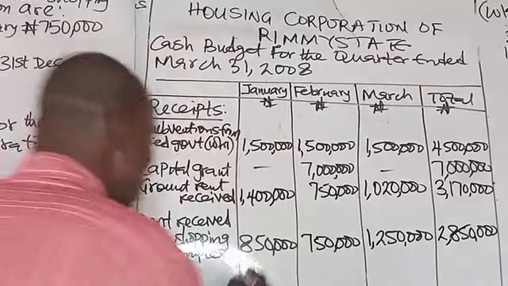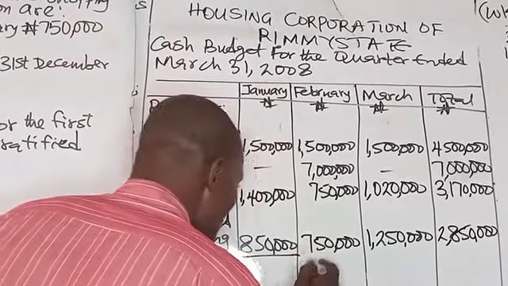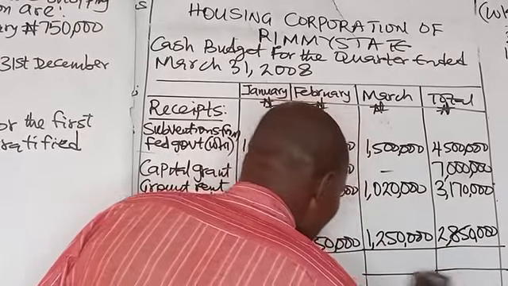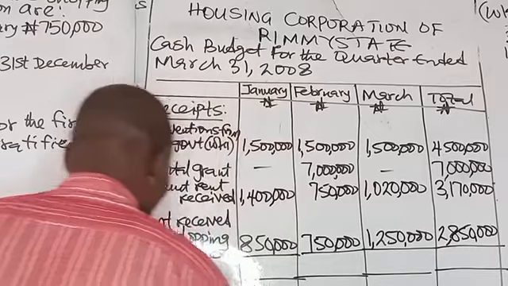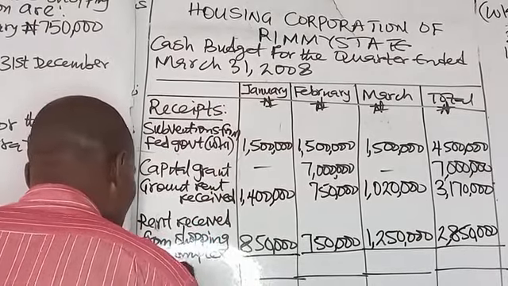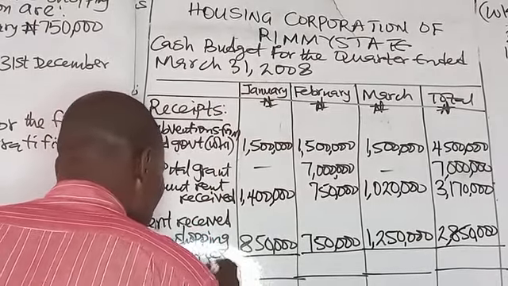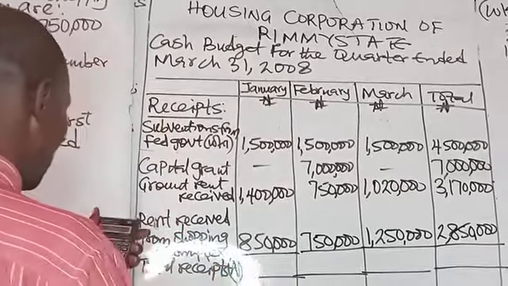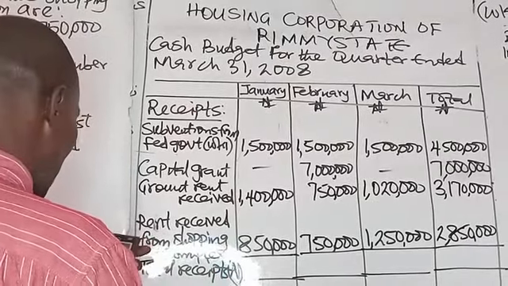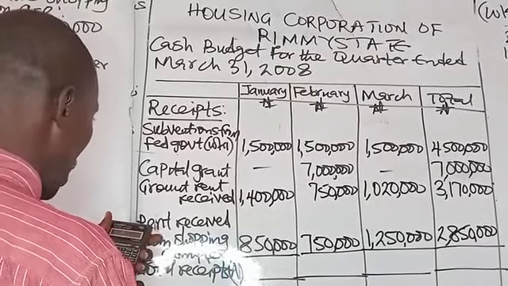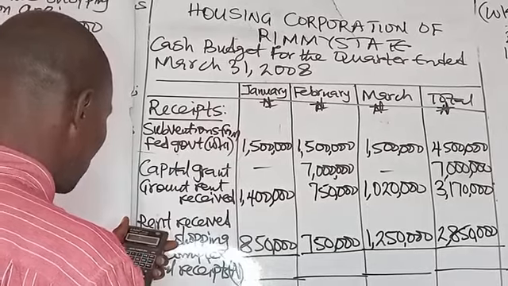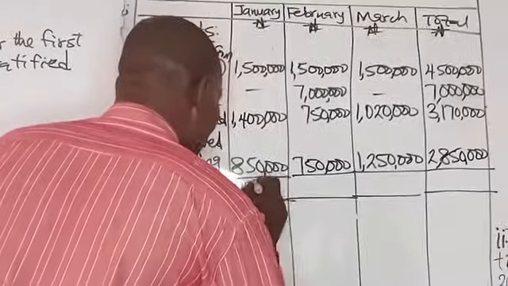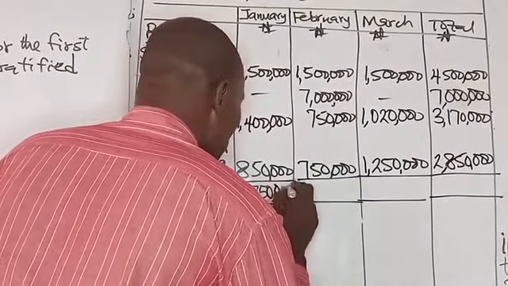This is the cash balance. Now let's sum up the receipts. Total receipts, let's label it A. In January, 1.5 million plus 1.4 million, that is 2.9 million, plus 850,000, we have 3,750,000.